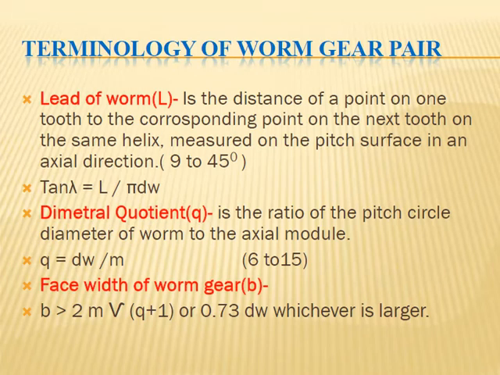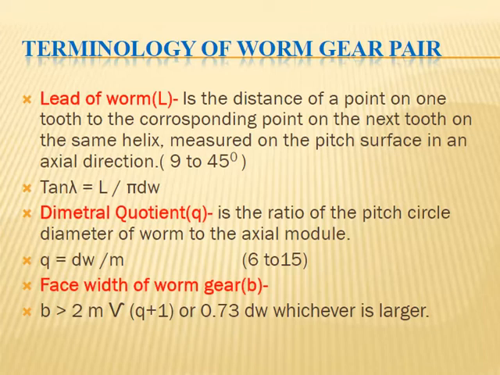So the center distance we can calculate as module into Q plus module into ZG divided by 2, and we can take module as common. Hence the center distance can be calculated. In the next slide we will go for the designation of worm and worm gear pair.